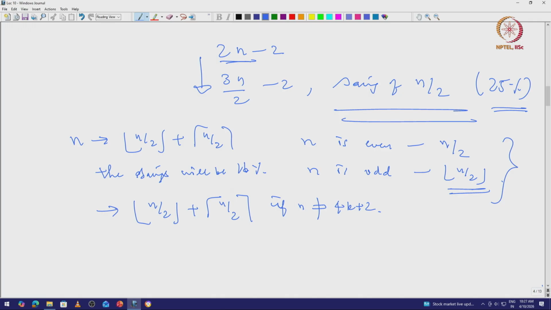And if it is 4k plus 2, you are going to split as floor n by 2 minus 1 and CL n by 2 plus 1. If n is of the form 4k plus 2, this is the way you are going to split.